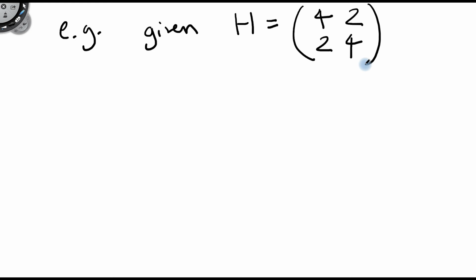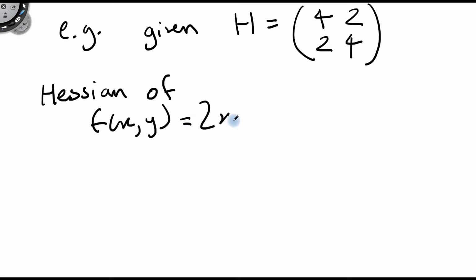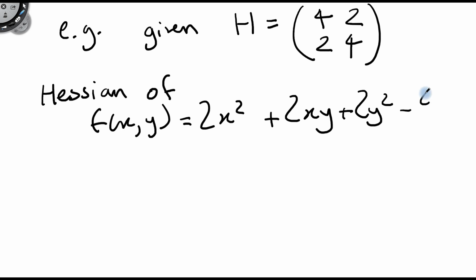And of course, that's the Hessian of our original function we were starting with. Let me remind you what it is: f of x, y equals 2x squared plus 2xy plus 2y squared minus 4x minus 6y.